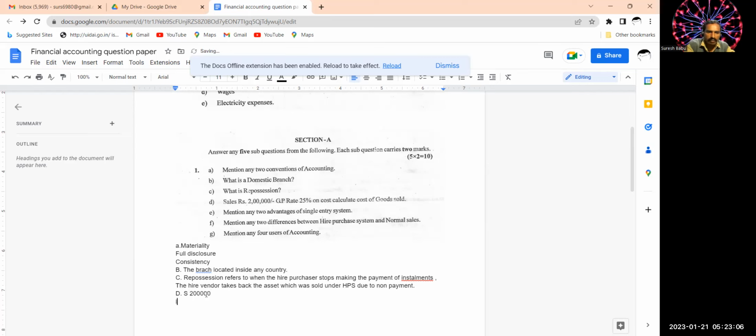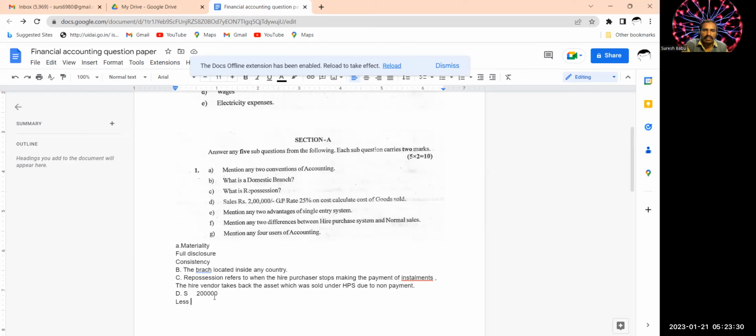Sales is 2 lakhs. 25% on cost means 20% on sales.